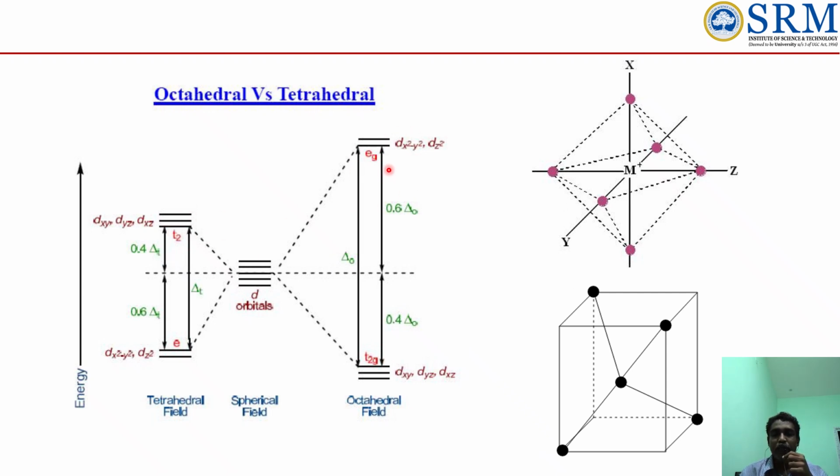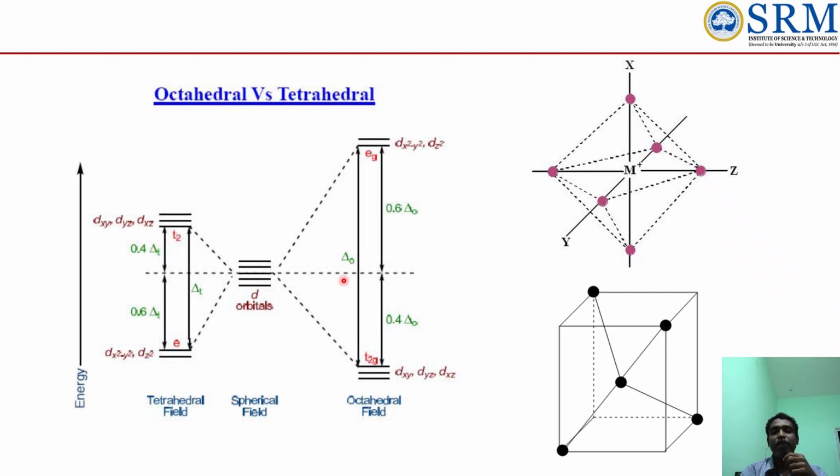Eg is destabilizing here, eg is stabilizing there. Okay, so this is the first difference: the octahedral complex is g, the gerade. The second difference is that whatever orbital is stabilizing in octahedral complexes is going to destabilize in the case of tetrahedral complexes. Okay, so these are the first two things we have to keep in mind.